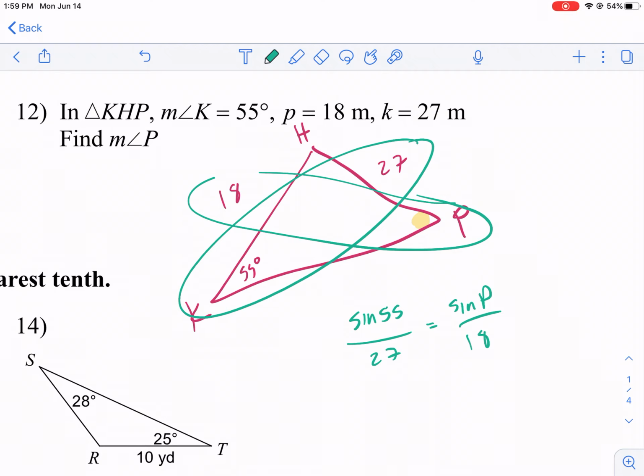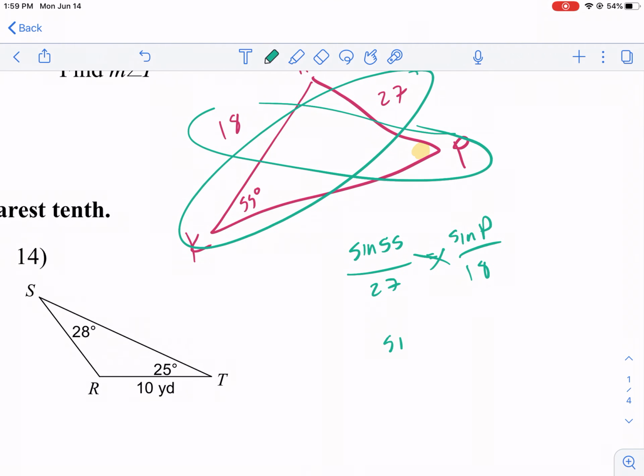I'm cross multiplying here, 18 times sine 55, and I get 14, and then I'm going to divide by 27. This is kind of what we did in the beginning, and I get sine of P equals 0.546, and then I need to take the inverse sine of that.